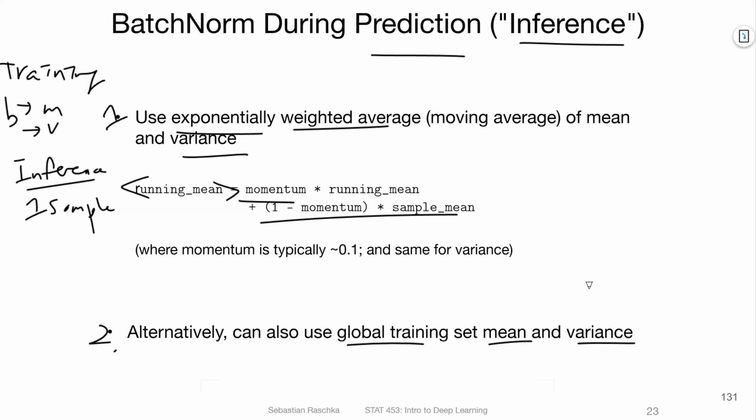By doing so, we just fix the value of mean and variance. And whenever an input comes, we just apply this predefined mean and variance. However, in the first option, we need to evaluate mean and variance every single time we are inferencing for one sample.